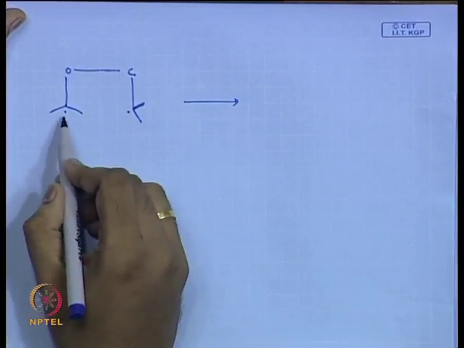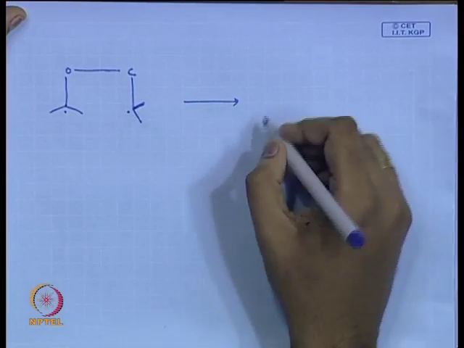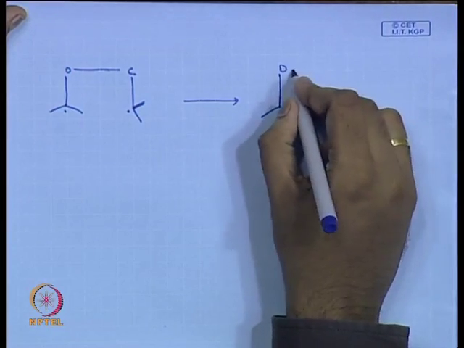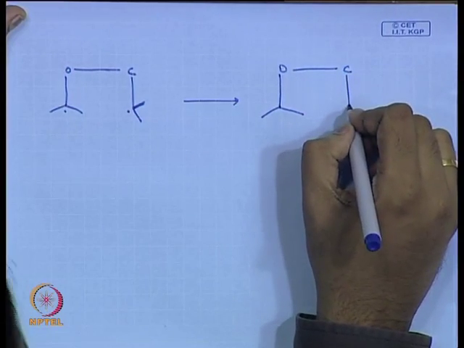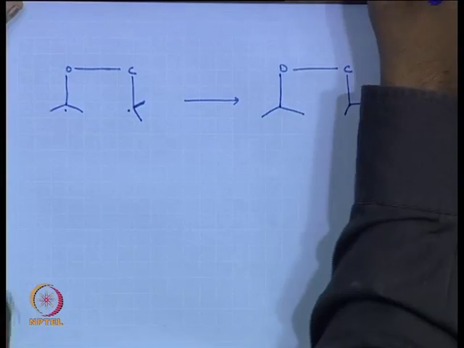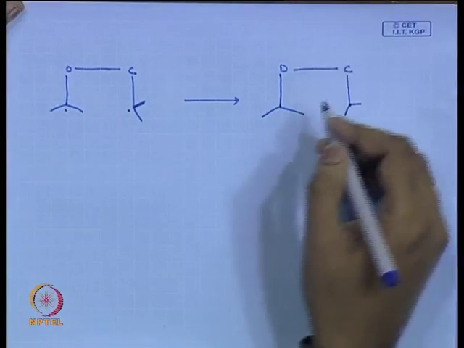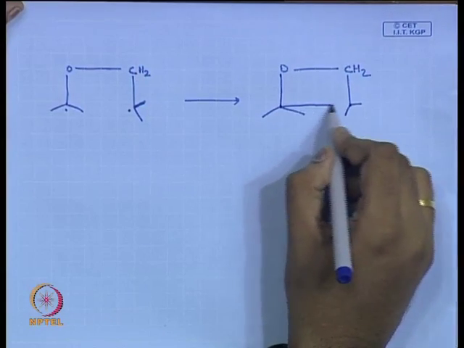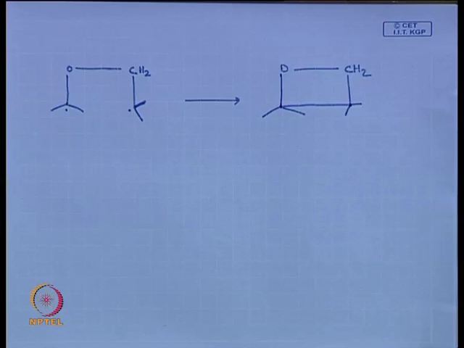What are the products we can get? One, you said, it is nice that you say that this CH2 makes a bond to give me this product, okay, whatever it is. Oh, I am missing my carbon there, sorry, CH2 I am missing there. So, I get this product, that is what you say.